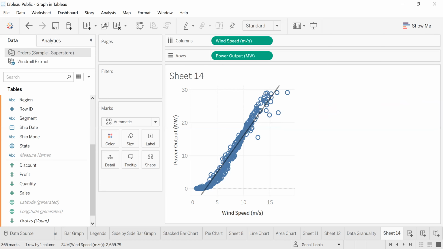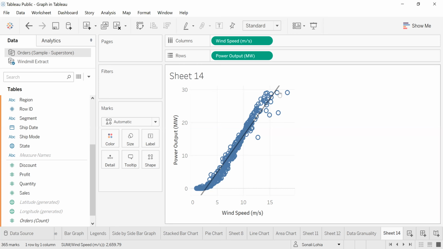So when we see that this data is fit for my predictive analysis, and now the user asks: when my wind speed is 50, what will be my output? With this equation, put 50 here.